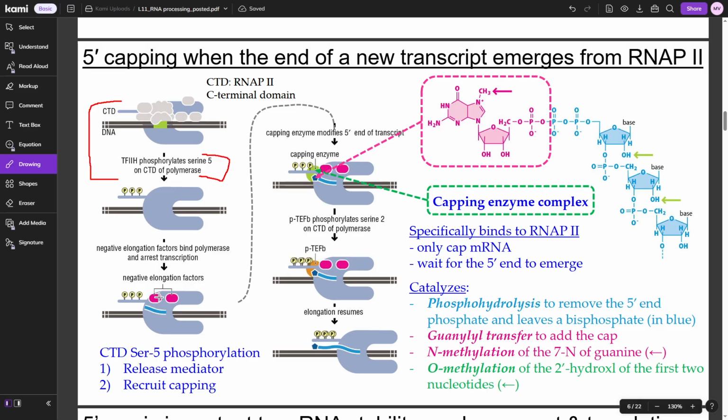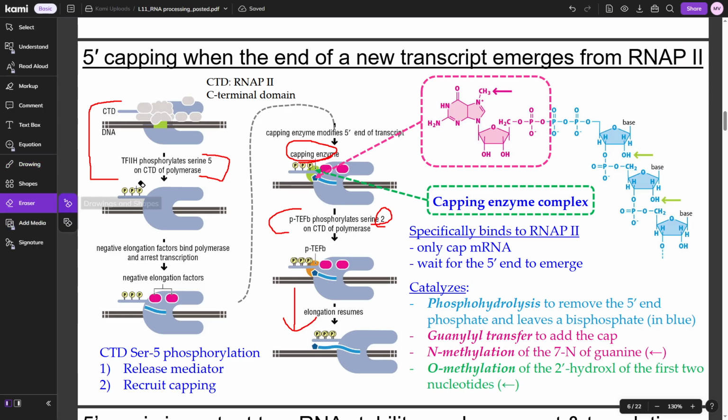And then when that RNA starts to poke out, the negative elongation factors are going to bind. And that's going to arrest transcription. Then the capping enzyme comes in and caps the RNA. And after that, another enzyme, P-TEFb, phosphorylates the serine, again, serine 2 in this case, not serine 5, of the polymerase, and elongation continues.